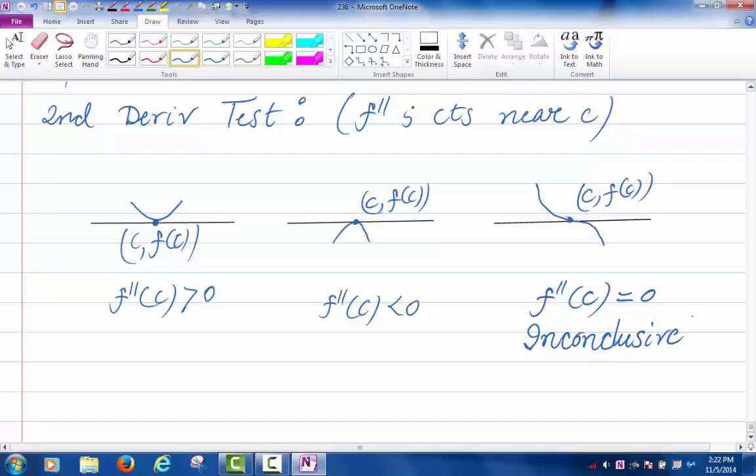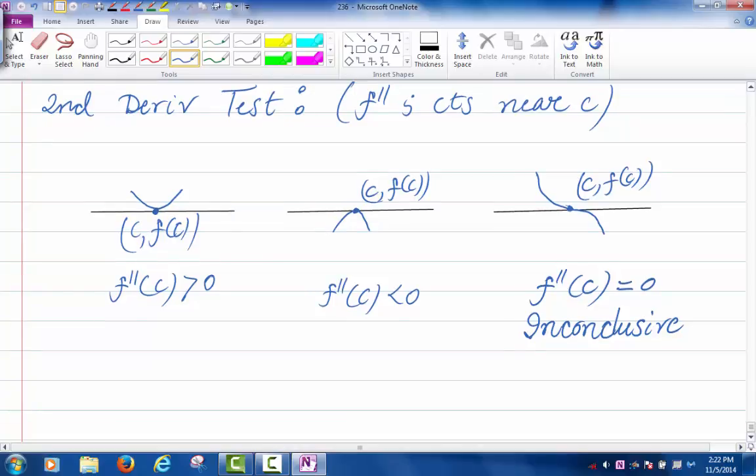Am I making sense? So why use the second derivative test? Well, there are some applications where it is easy to carry out. So how do I apply the second derivative test in the problem that we just did?